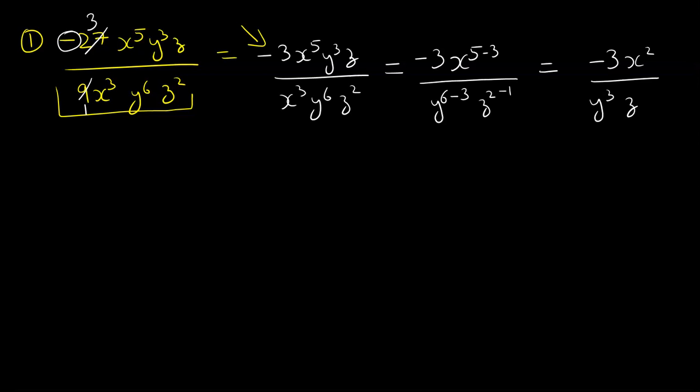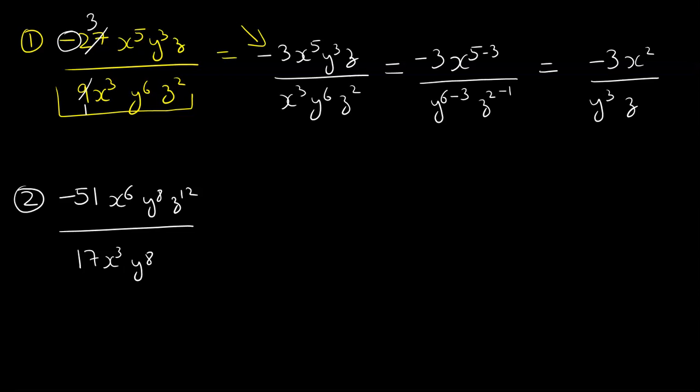Okay, so let's take a look at one more problem. It will also be complex with numbers and 3 more variables. Okay, so we have negative 51 x to the power of 6 y to the power of 8 z to the power of 12 over 17 x to the power of 3, x cube, y to the power of 8 and z to the power of 7.